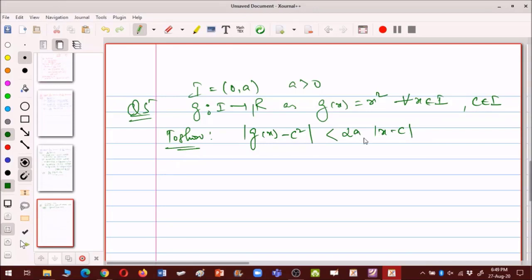And to prove this, let us consider g(x) minus c square.